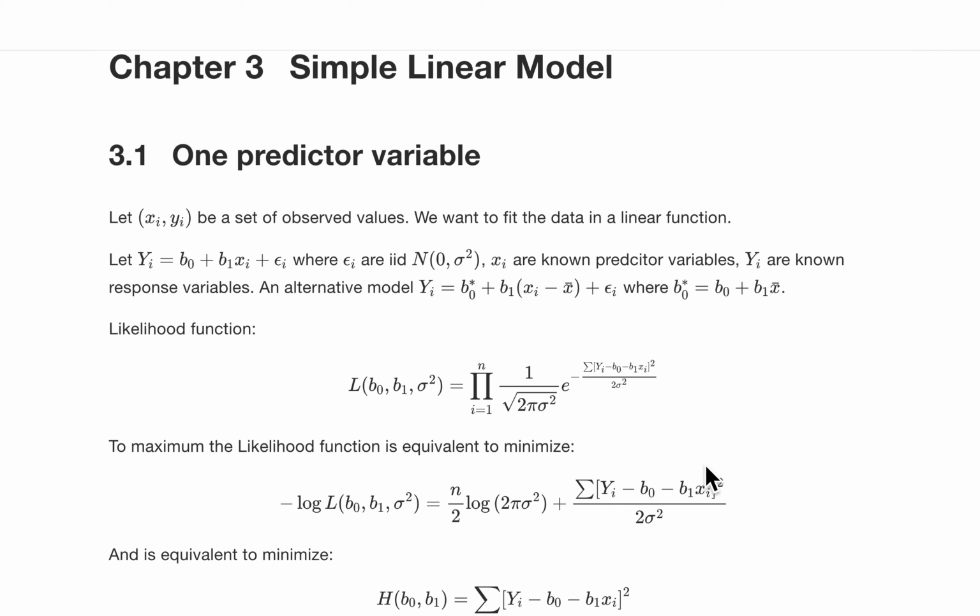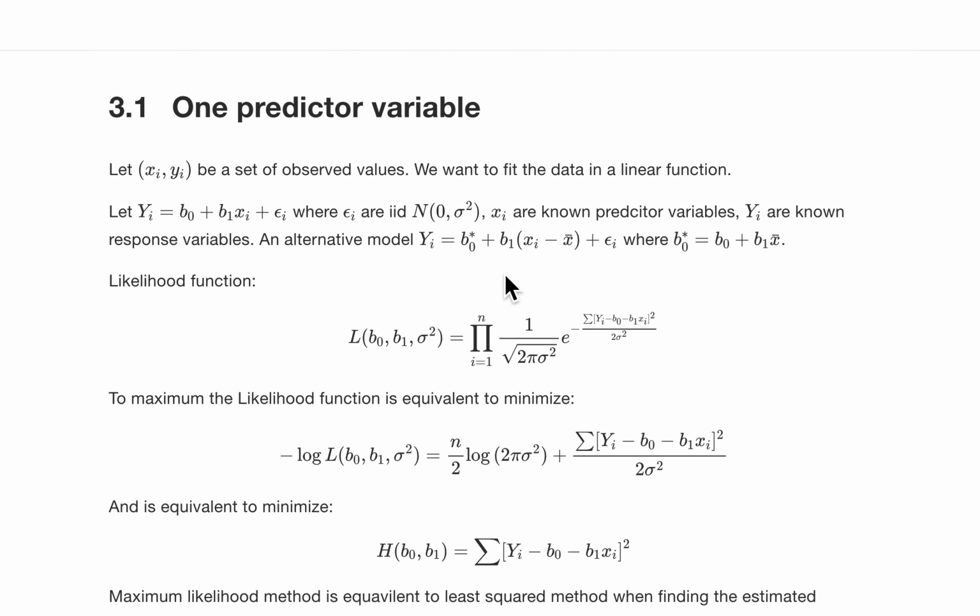So the first thing we want to do is find the best fit of this model. The most obvious way of doing that is using maximum likelihood estimators. We first define the likelihood function of this linear model. Because the yi are all independent, we can write the PDF as a product of the PDFs of the yi's.